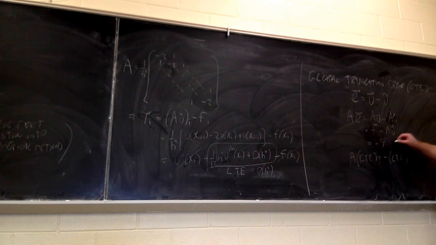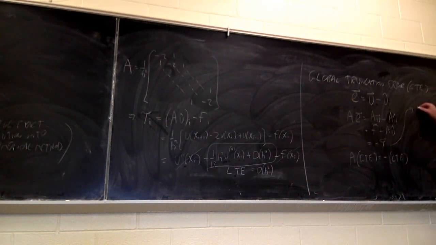So if I take this relationship, what this means is the error is an approximation to some function e of xi that again represents error. So ei is e of xi that solves this equation.